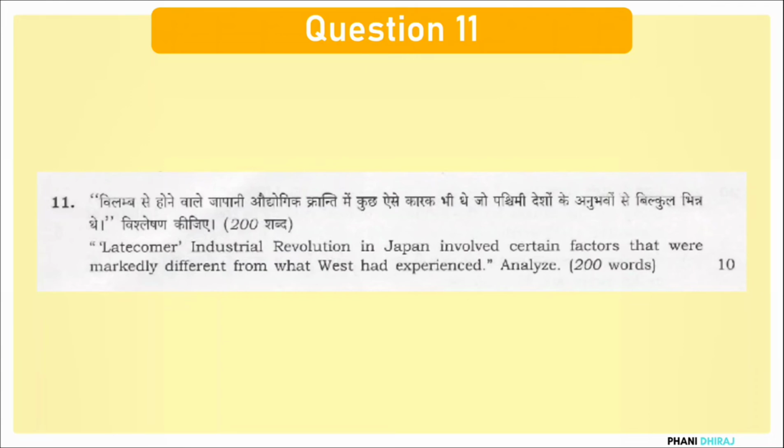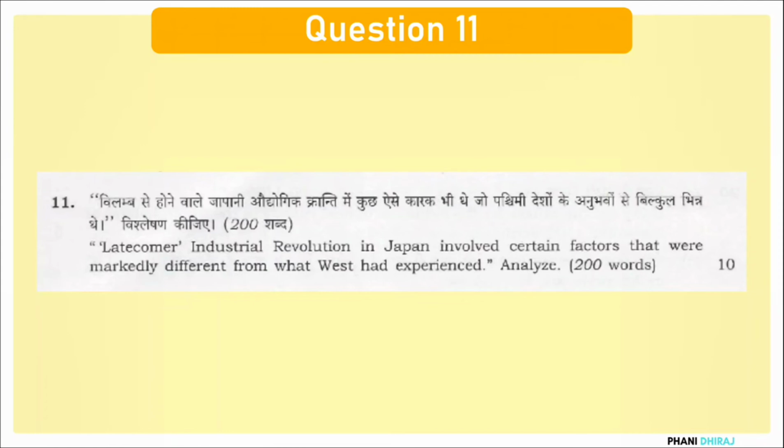Latecomer industrial revolution in Japan involved certain factors that were markedly different from what the West had experienced. Analyze, 200 words, 10 marks. First key area that you have to address: industrialization of Japan. What were the reforms that they were bringing in?